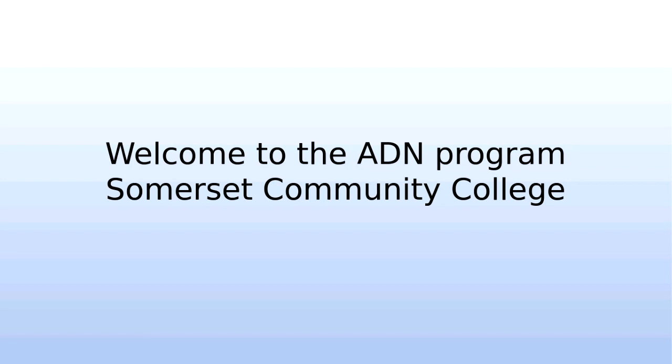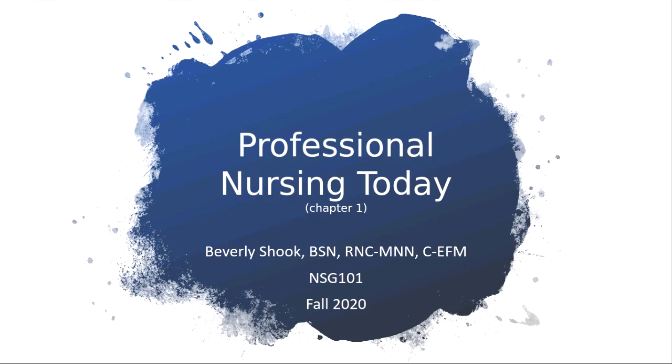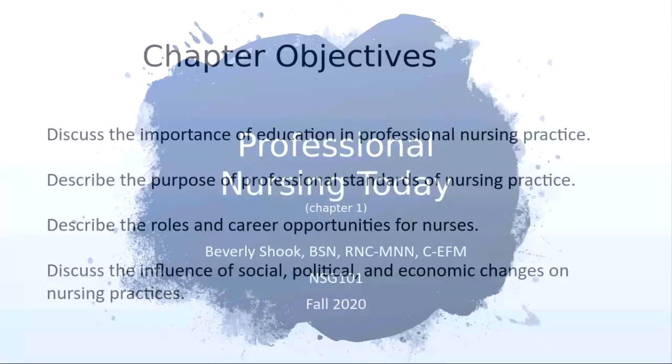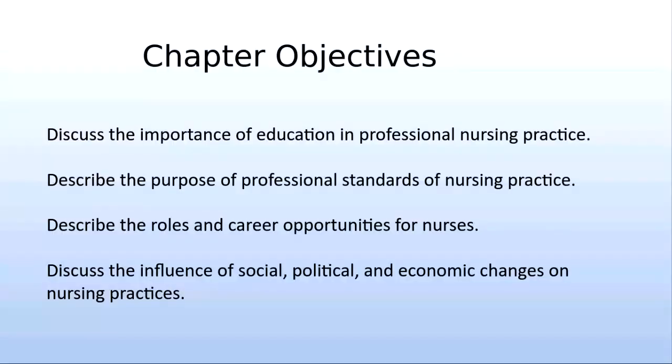We are going to start with Chapter 1 in your fundamentals textbook. And this is a list of a few of the objectives. Basically, nursing is both an art and a science. You don't see that in any other professions, basically.